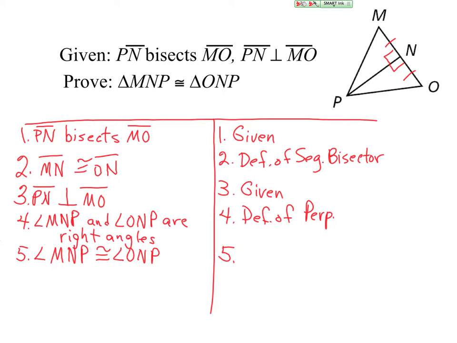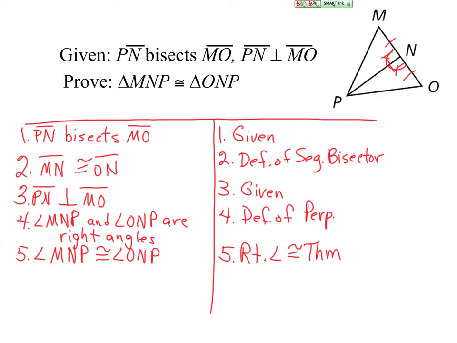Give me a number so they can find it. 263. That's the number of the section, the number of the theorem. All right angles are congruent, it says. Right angle congruence theorem. So that actually gets those angles congruent, which is what we're going to need to finish the problem.